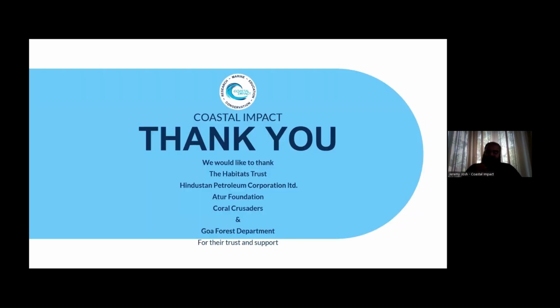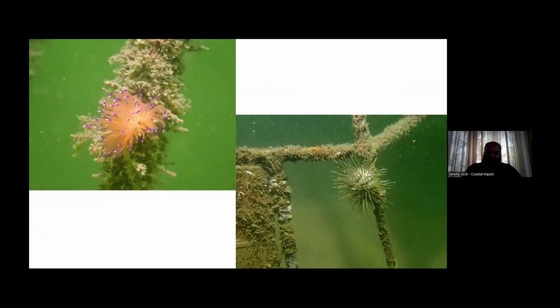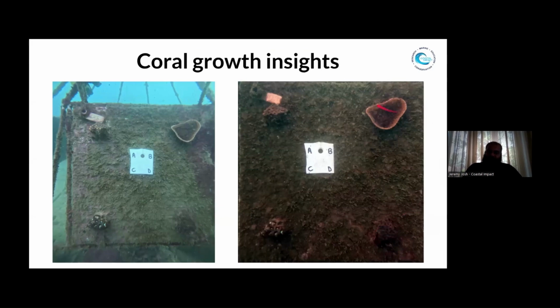Some of our future things that we want to look at, which unfortunately we haven't started on yet, but we have proposed, is we want to start moving away from using two-dimensional surface area to measure corals, and we have been experimenting with using three-dimensional volumetric estimations using photogrammetry.